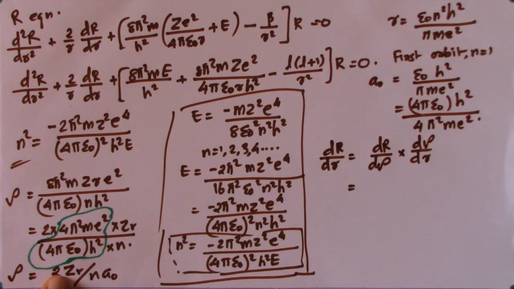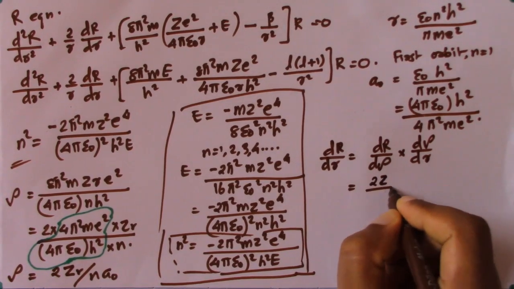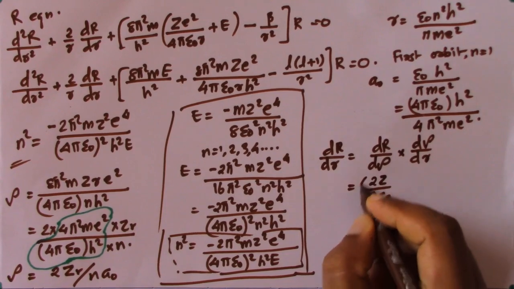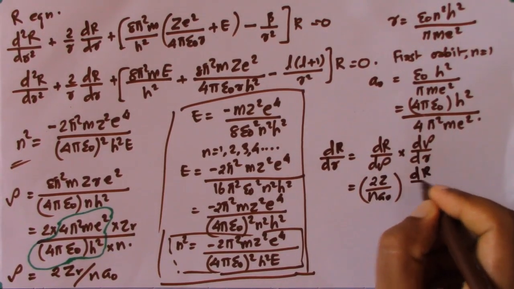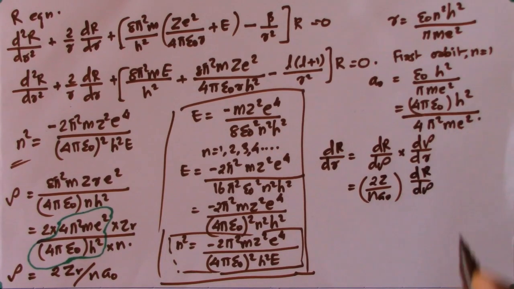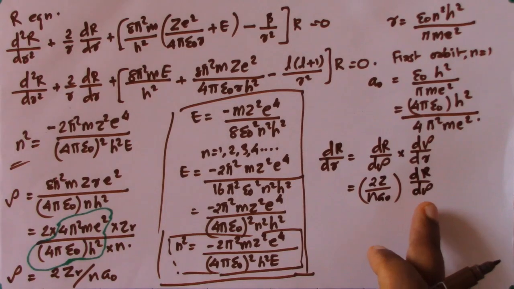Rho is equal to 2zr by n a0. Therefore d rho by dr is equal to 2z divided by n a0. What is remaining is dR by d rho. So dR by dr is equal to 2z by n a0 dR by d rho.